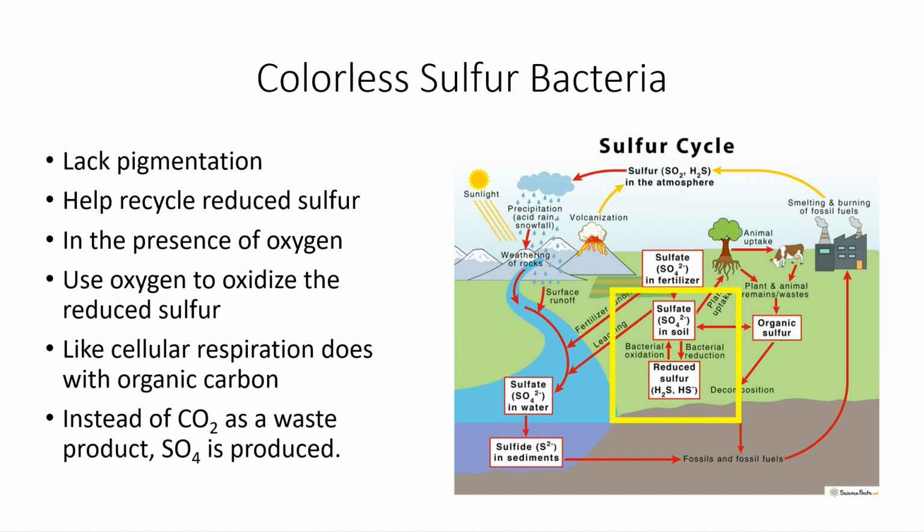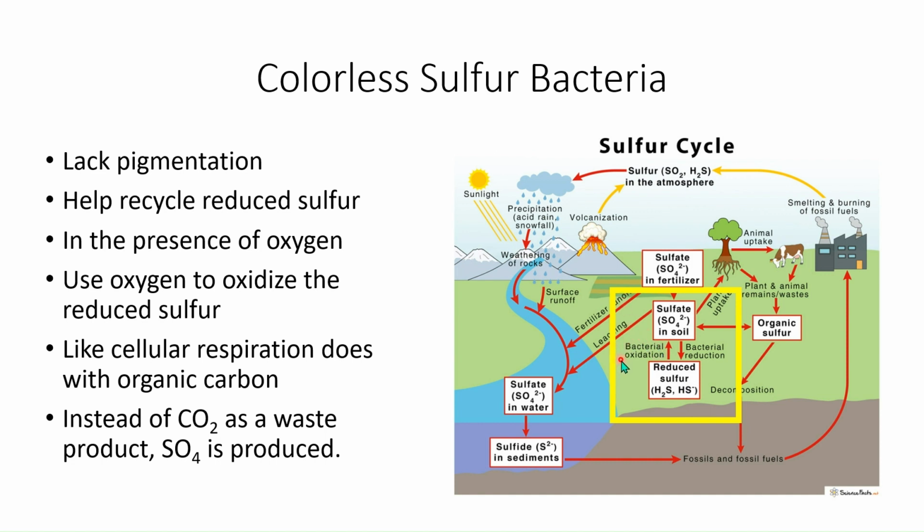As an example, we can look at colorless sulfur bacteria. They're called colorless because they lack any pigmentation, and they help recycle reduced sulfur. Here at the bottom, we have our reduced sulfur in the presence of oxygen. So as this reduced sulfur gets mixed with upper layers, the colorless sulfur bacteria can take advantage of it.